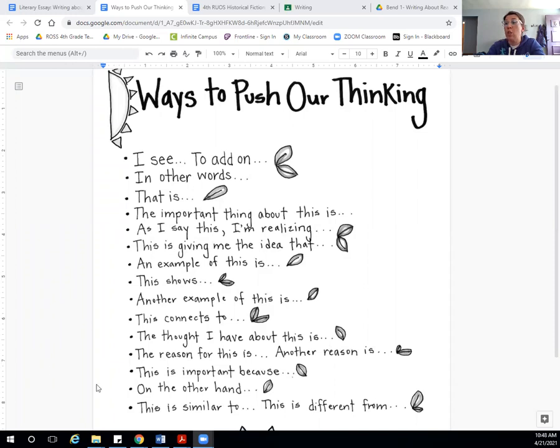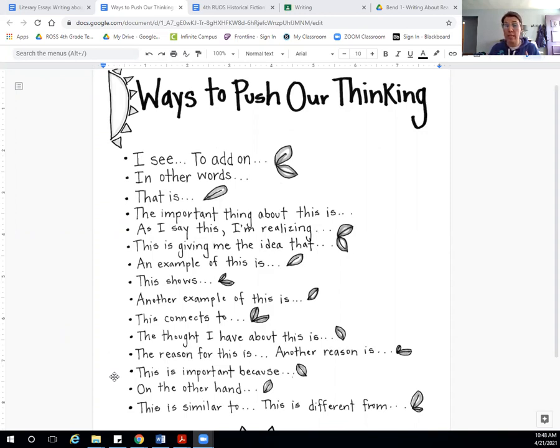Again, you would use these to help you elaborate or tell more about your thinking about a character and the character's traits or their motivations, what they're wanting, their struggles, some of the details you notice about them, their relationships with other characters. And you can even use this if you're noticing a theme, right?